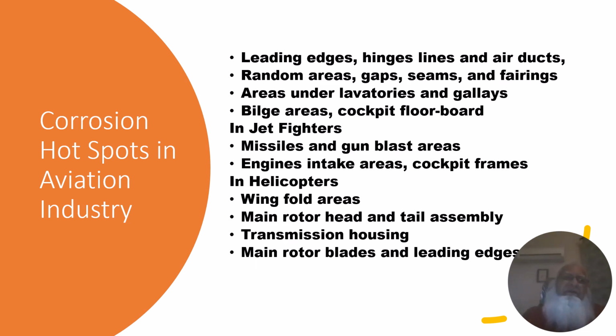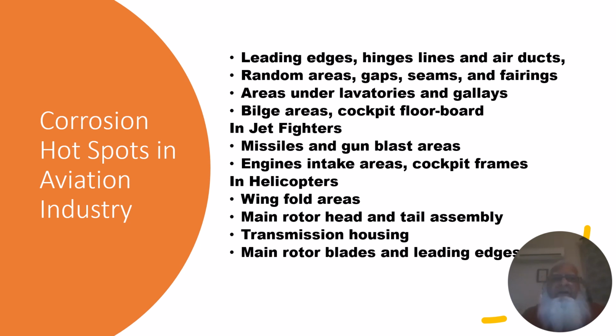This slide is the continuation of the previous slide on the corrosion hotspots in the aviation industry. Leading edges, hinges, landing gear, and air ducts, wheel areas, gaps, seams, and fairings, areas under lavatories and galleys, bilge areas, cockpit floorboard.